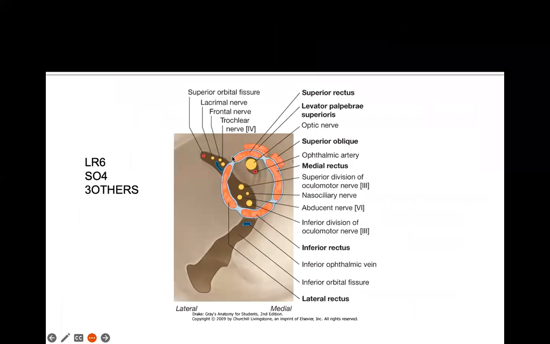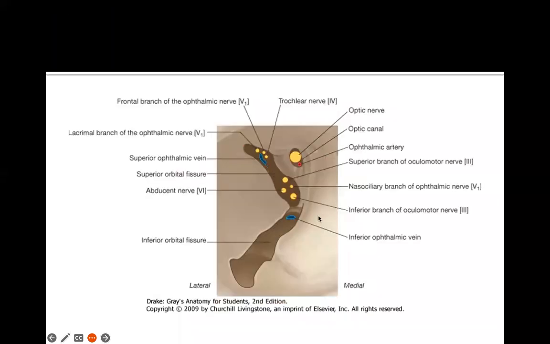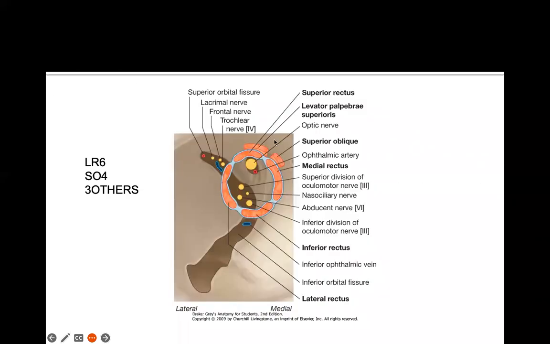Now, you see this diagram is similar to this one. However, there's an introduction of this circular ring, okay, which is also so important. Okay, these are circularly arranged extraocular muscles, and then the content.